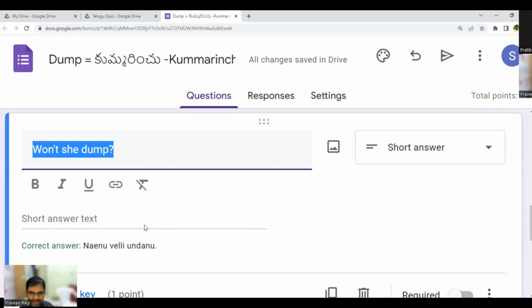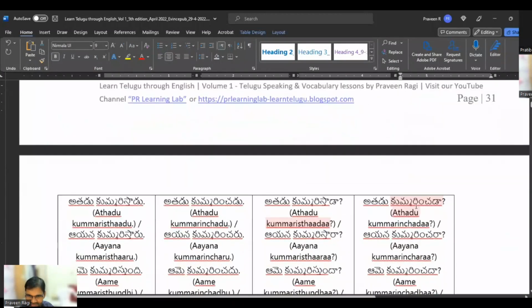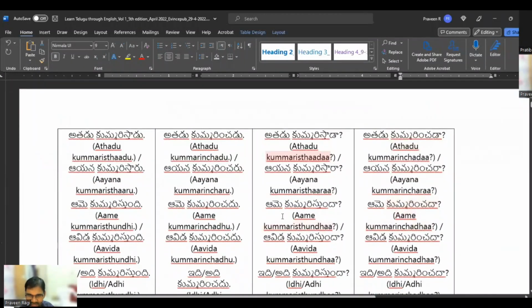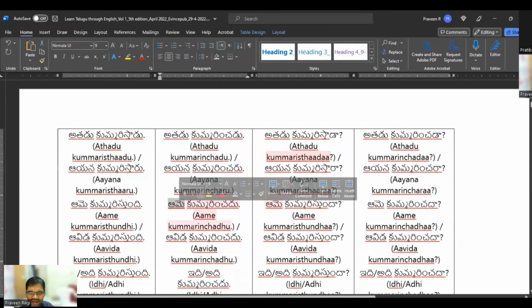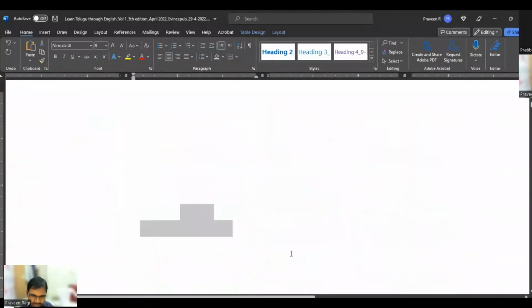See, for that, first you need to study this one. Yes, see, ఆమె కుమ్మరిస్తుందా. Okay. No. Okay, yes. So look at this one. ఆమె కుమ్మరించదు. Okay. ఆమె కుమ్మరించదు.